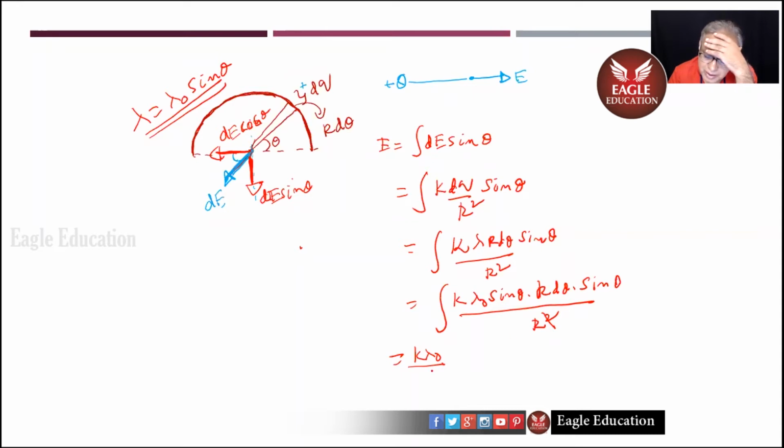This is sine theta, sine theta. What should I get? Is it okay? Tell me. Yes, sir. And what are the limits? 0 to pi. So how to calculate this? You tell me now.